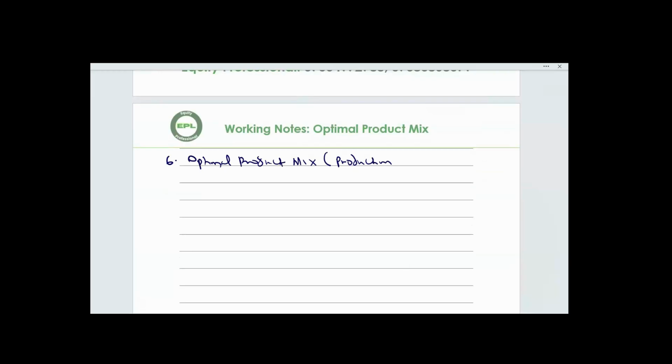You can call it optimal production mix, optimal product mix or production plan. Because anytime there is minimum allocation, you are going to have two different allocations, so our format will be slightly different. So we are going to do it for Alpha, Beta, and then Sigma.